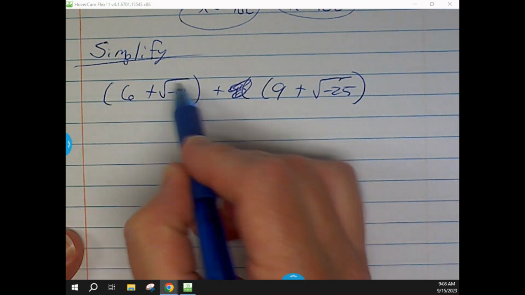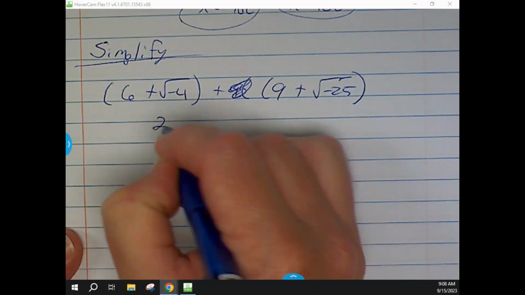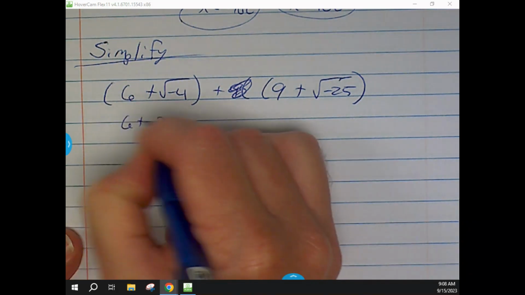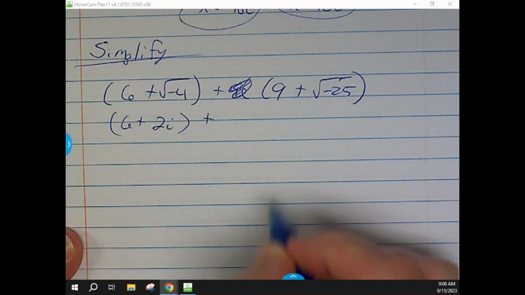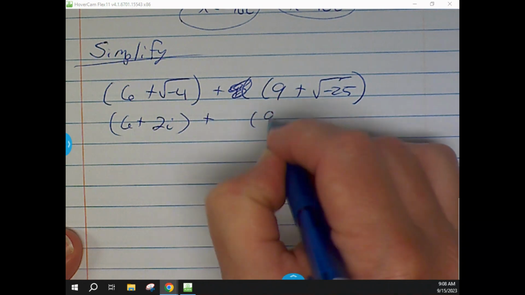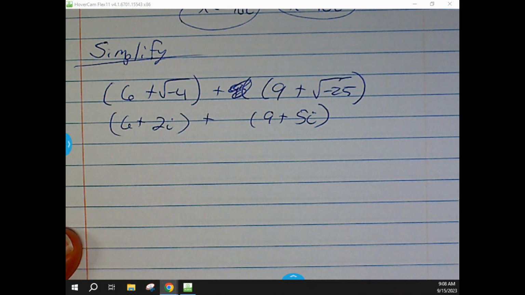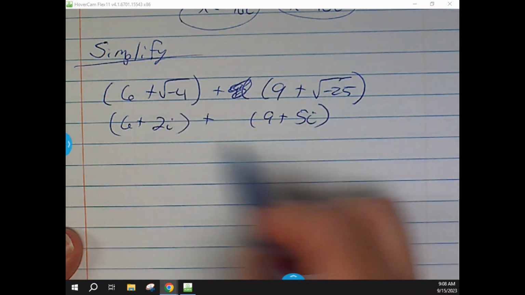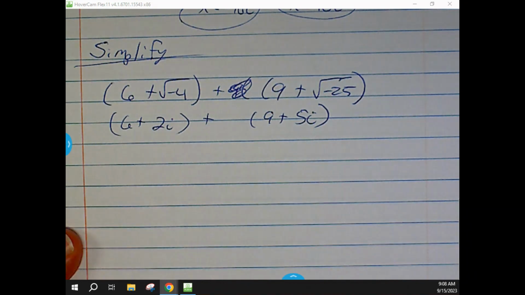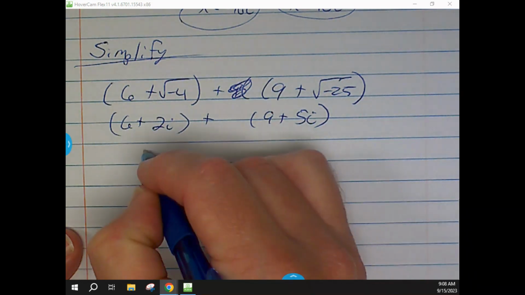So you've got square root of negative 4. Well, that's 2i. We've got 9 plus square root of 25. Well, that's 5i. And now that you've got those square roots rewritten with the i variable, then we can go back and start adding and subtracting whatever we need to do there. So now you've got 6 plus 9 for 15.